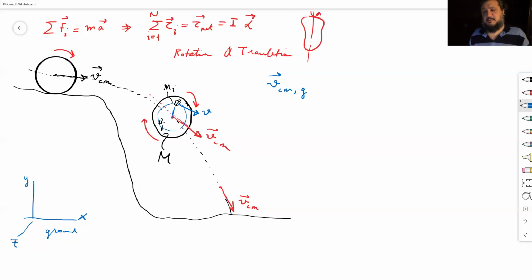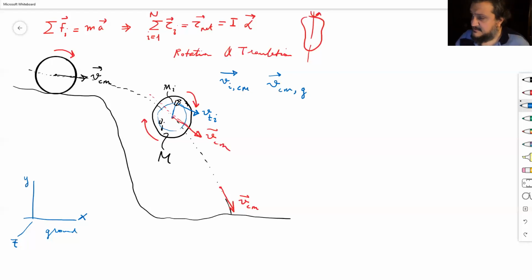It is a tangential velocity, V_t, of the ith particle that makes up that disk. Following the same notation, I'm going to call it V_i,CM, meaning the velocity of the ith particle on the object with respect to the center of mass of the object. That's our reference frame.